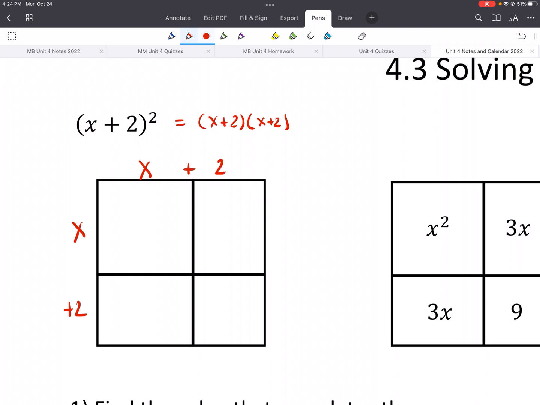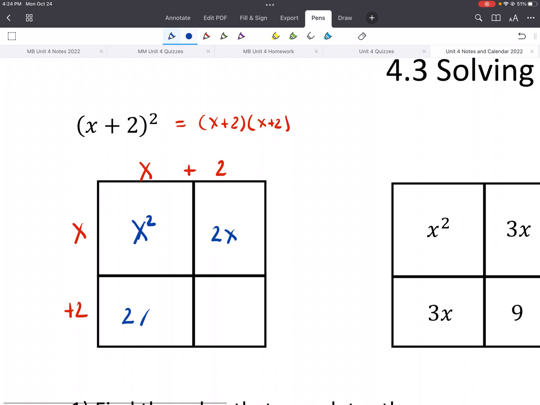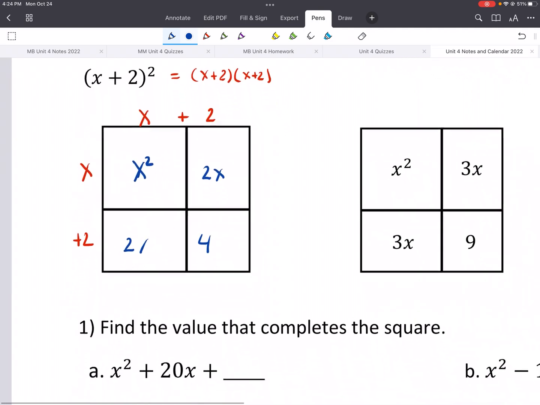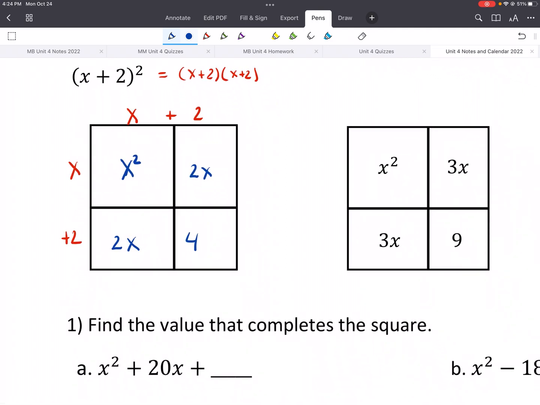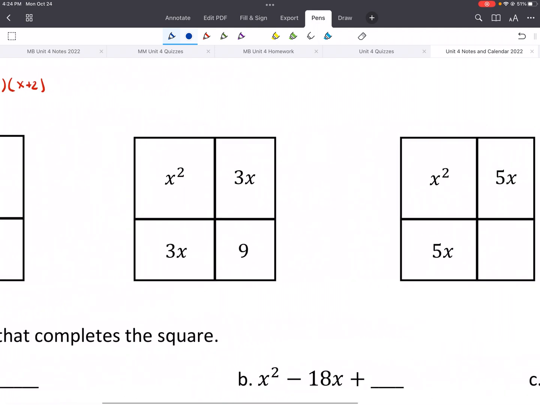Its length and width are the same: x plus 2. If we multiply these, we get x squared, which is a perfect square in itself. Then we'd have 2x, and 2x, and then 4. Combining like terms, we get x squared plus 4x plus 4.